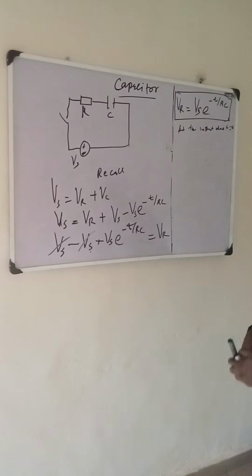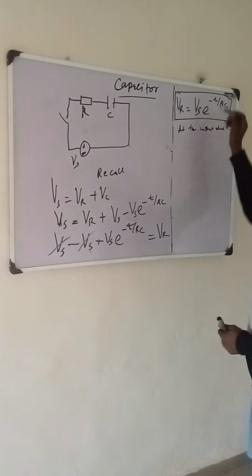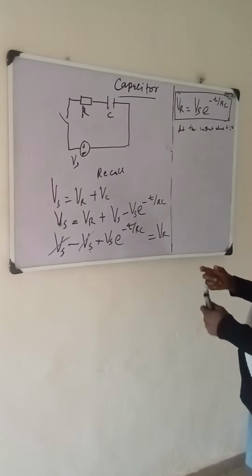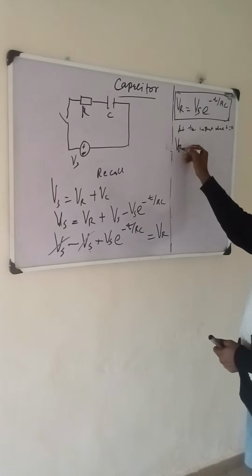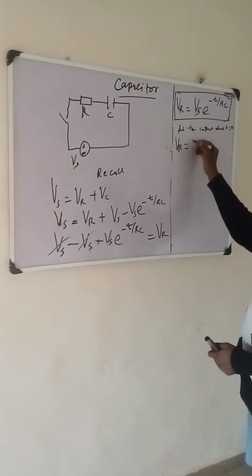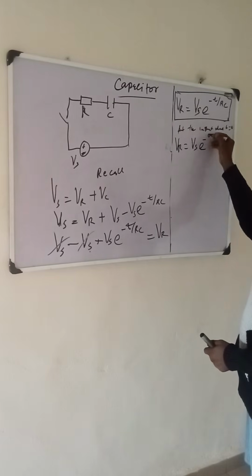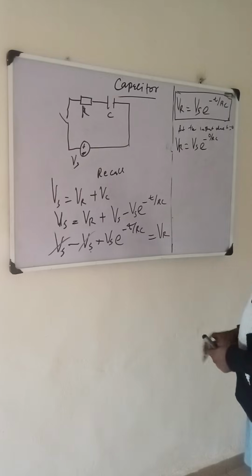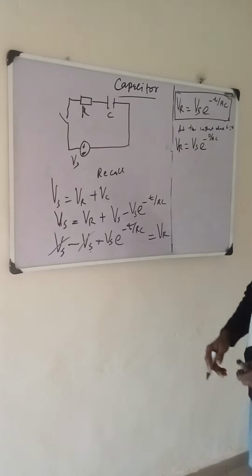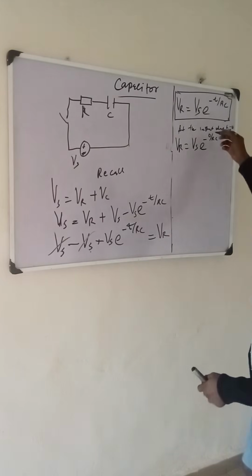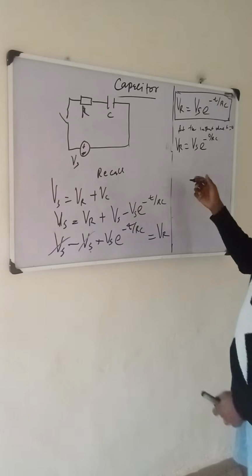If time is 0, what is going to happen to this equation? The voltage across the resistor will be equal to Vs e raised to the power minus 0 over RC. 0 divided by anything is still 0.